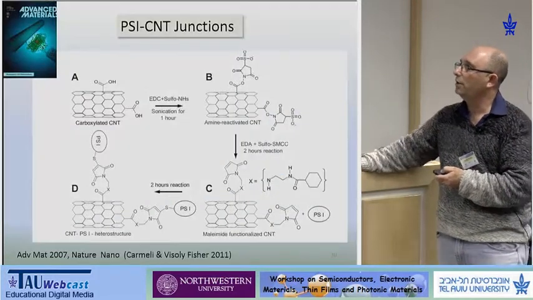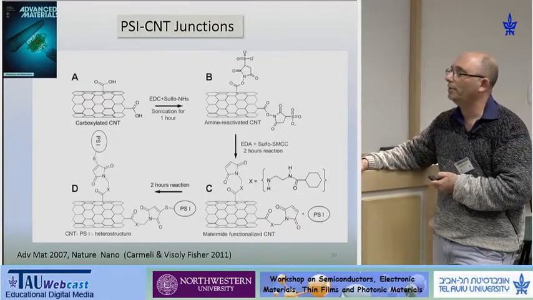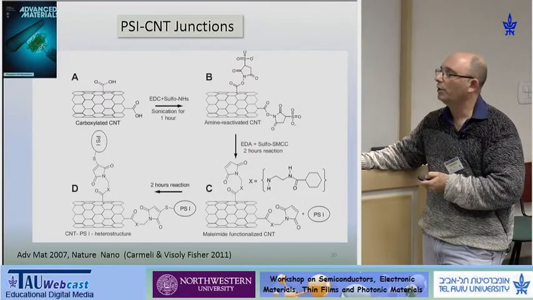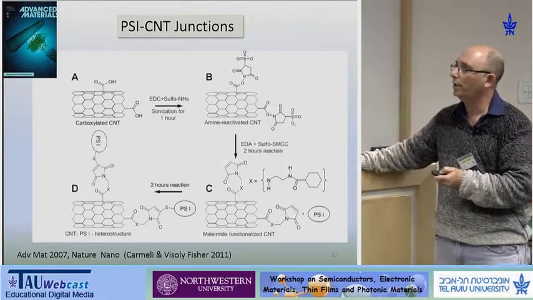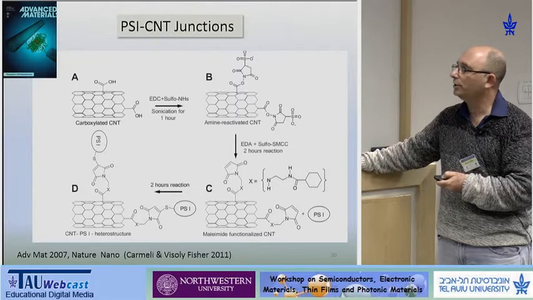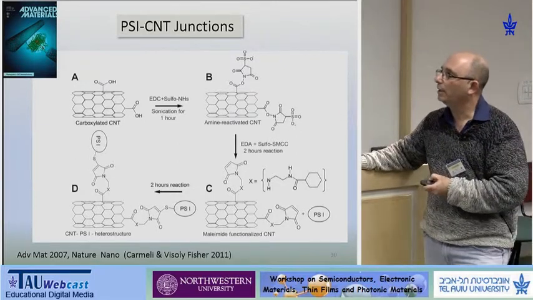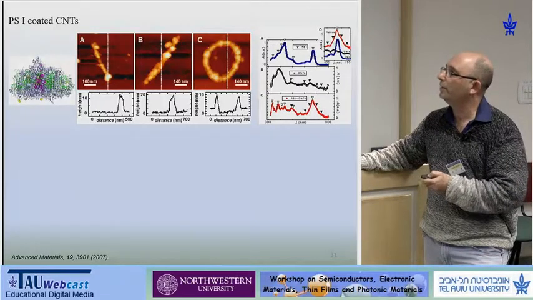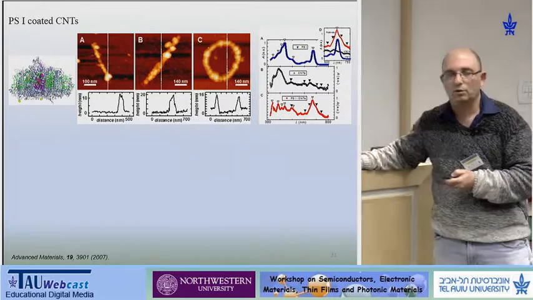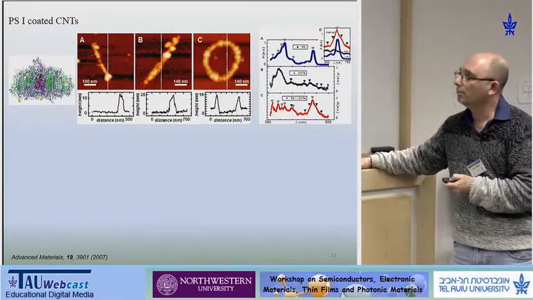So first, we tried to make some junctions with it, and we coupled this Photosystem 1 to carbon nanotubes. We could couple it via one mutant or two mutants to make some junctions via this simple chemistry. And we showed by means of AFM and absorption that the resulting structure is a combination of the Photosystem 1 and the carbon nanotubes.